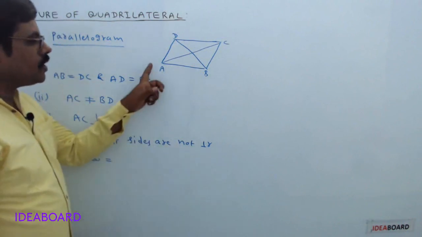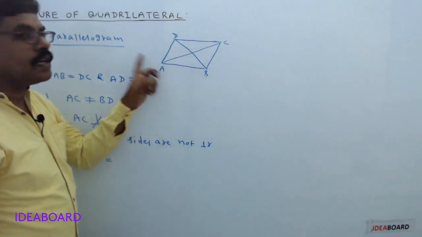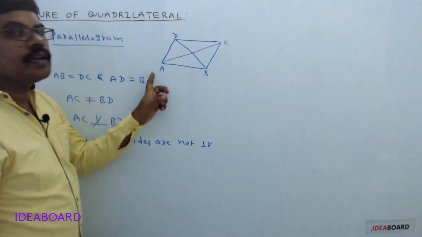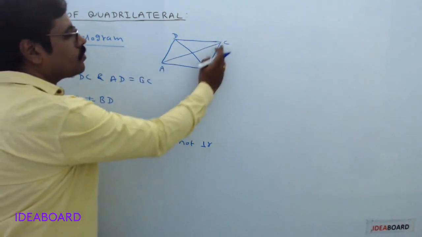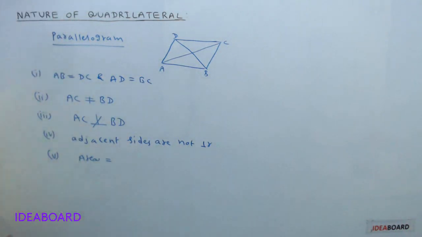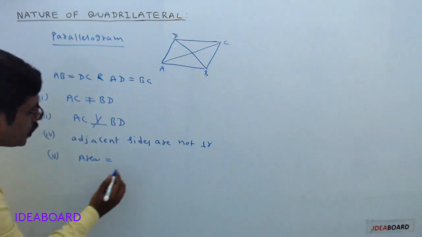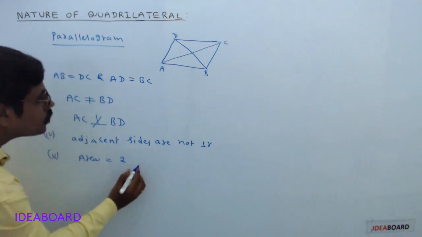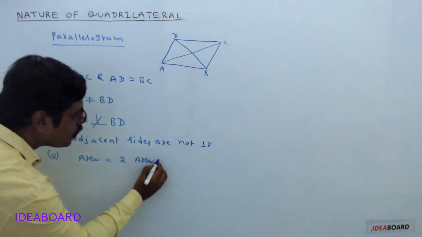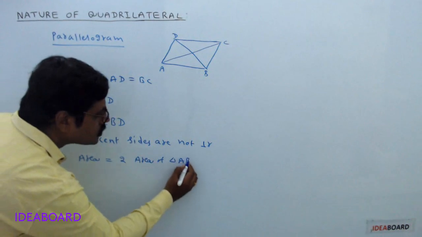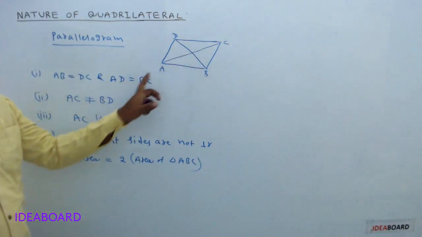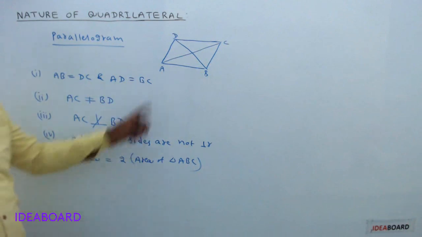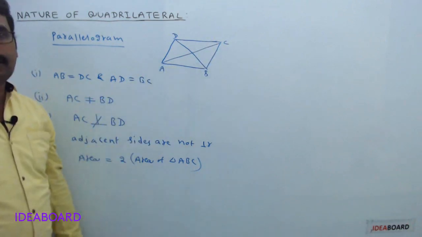It means area of parallelogram ABCD equals 2 times area of triangle ABC. So area of parallelogram ABCD is 2 into area of triangle ABC.